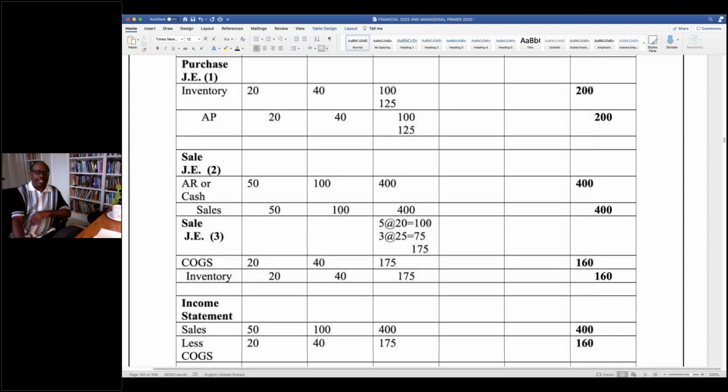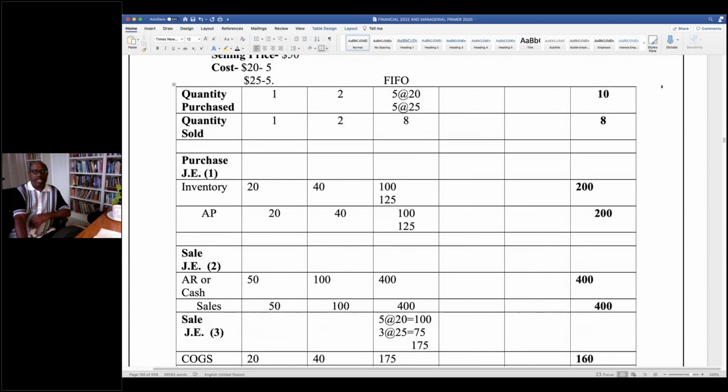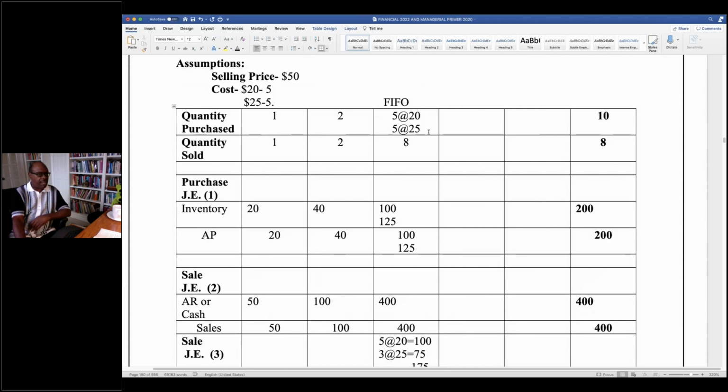So let's look at what we did. We bought 10, but they cost different amounts. 5 of them cost 20, 5 of them cost 25. We sold 8 of those. We had 2 purchases, 1 at 100, 1 at 125.